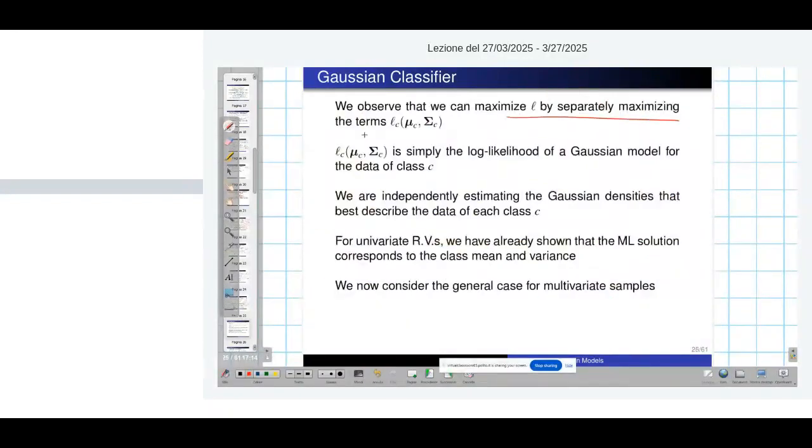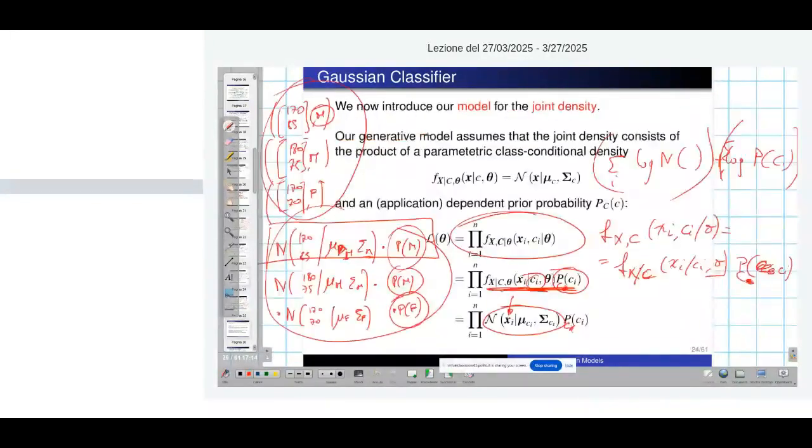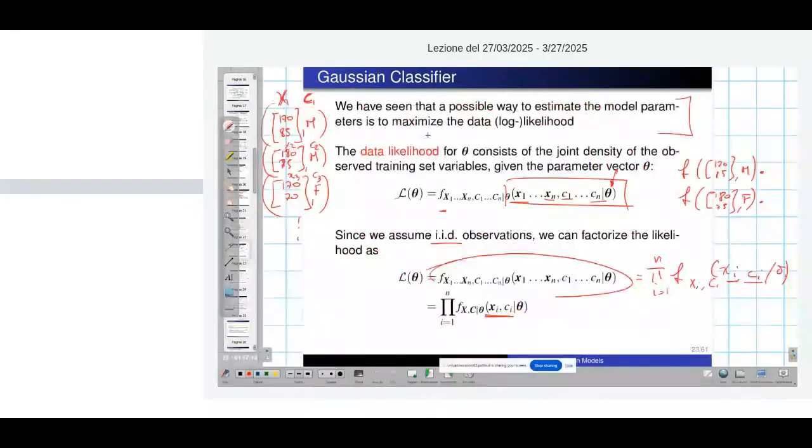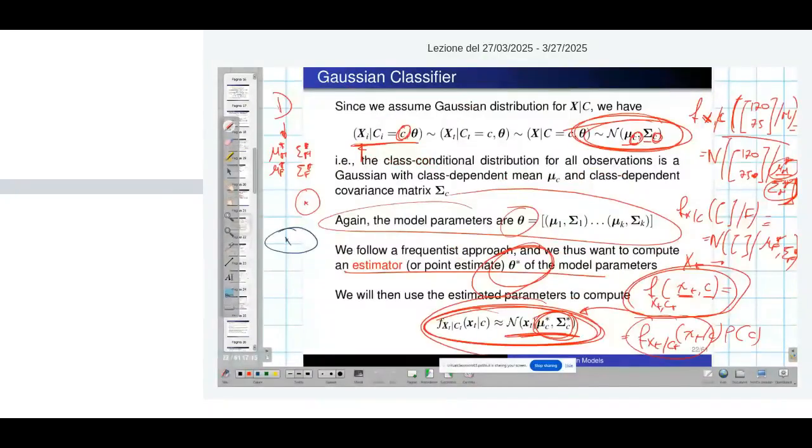So when we assume a maximum likelihood solution where the model parameters are independent for each class, so each class has its own set of parameters, indeed the maximum likelihood solution for the whole dataset corresponds to independently finding the maximum likelihood fitting of each density to the samples of the corresponding class.